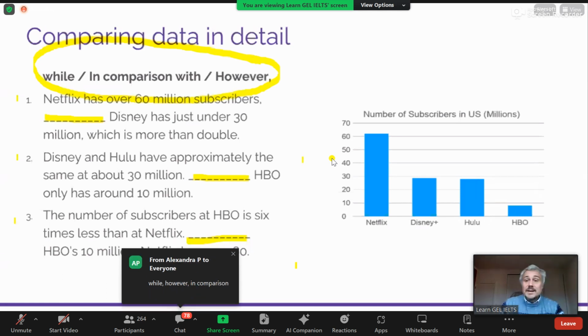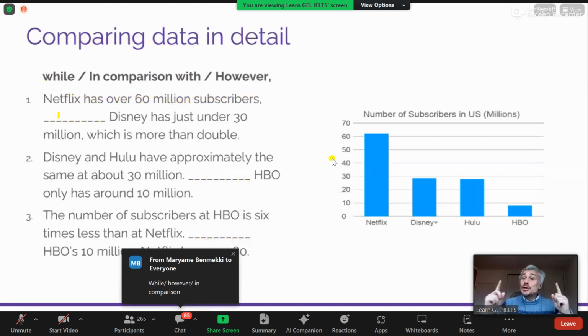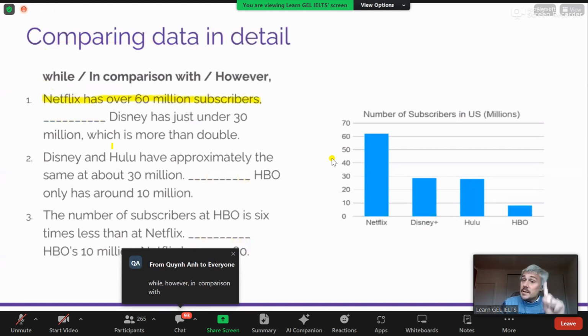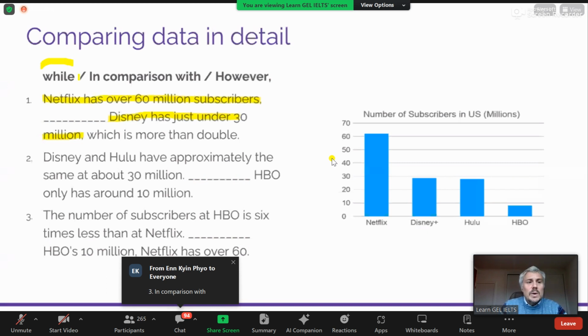Okay, well done, guys. Most of you did very, very well. The first one is linking two clauses in the same sentence. Netflix has over 600 million subscribers, the first clause. Disney has just under 30 million. Two clauses, same sentence. So here we need to use while.